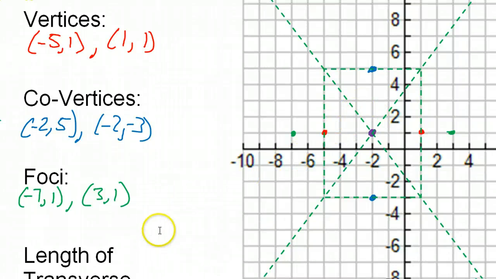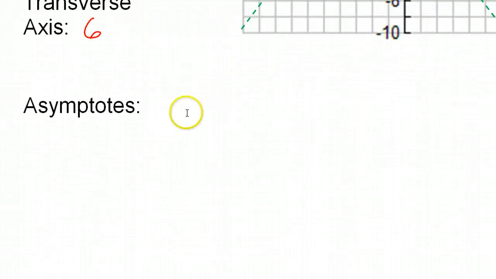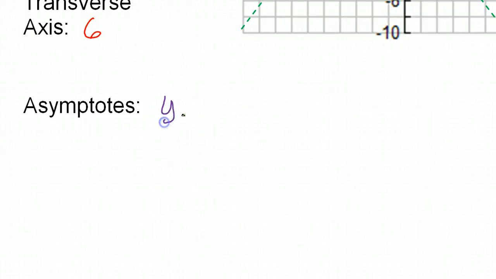Now we need the equation of these asymptotes, and what I recommend is to use the model y minus y1 is equal to the slope times x minus x1.